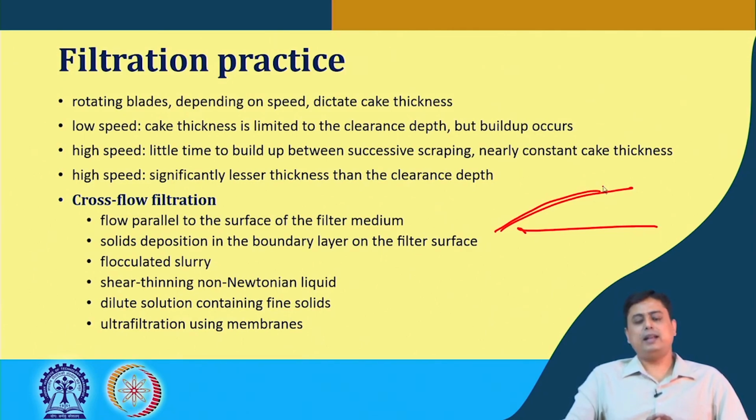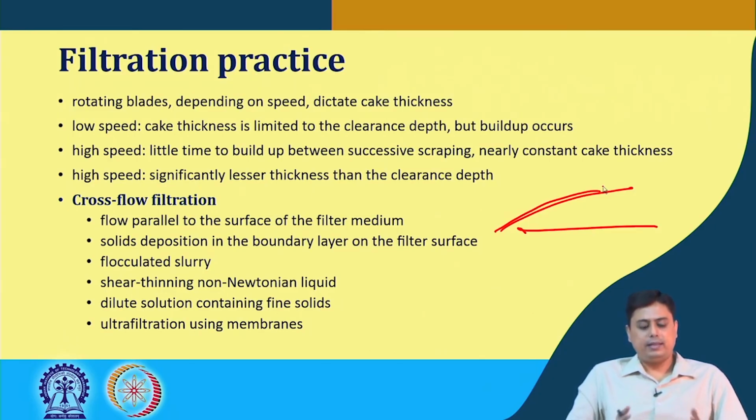So, if only the viscous effect is there, the sedimentation of the particles will happen and form a layer of cake in that boundary layer, and this thickness is very low, which means you can have a constant rate of filtration for a longer time.